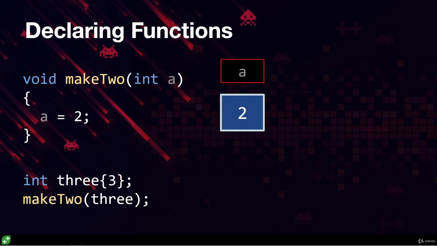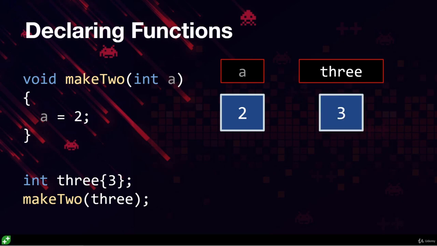After this line, the end of the function body is reached and the function has finished. But after the function has finished, the integer called 3 still remains unchanged, and that's because 3 is passed in to make2, and the input parameter a gets the value of 3 as a copy.